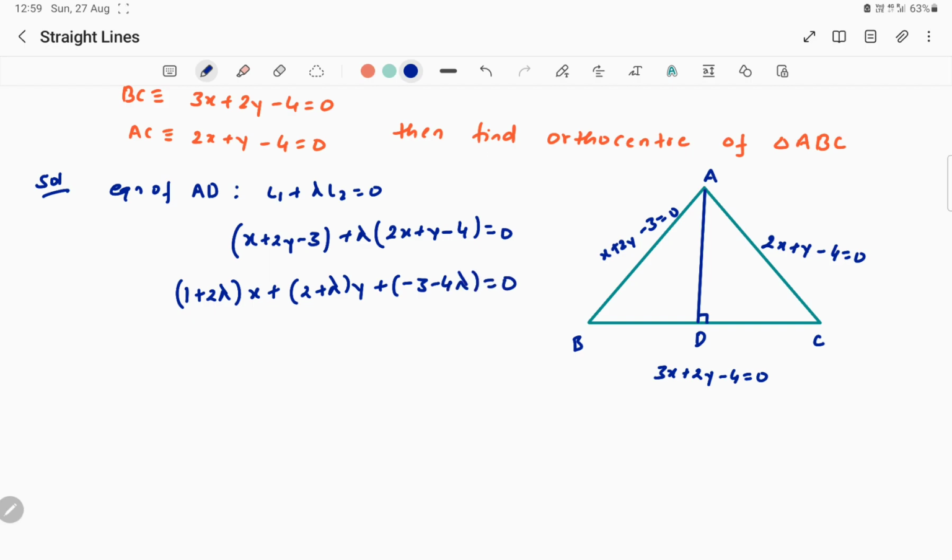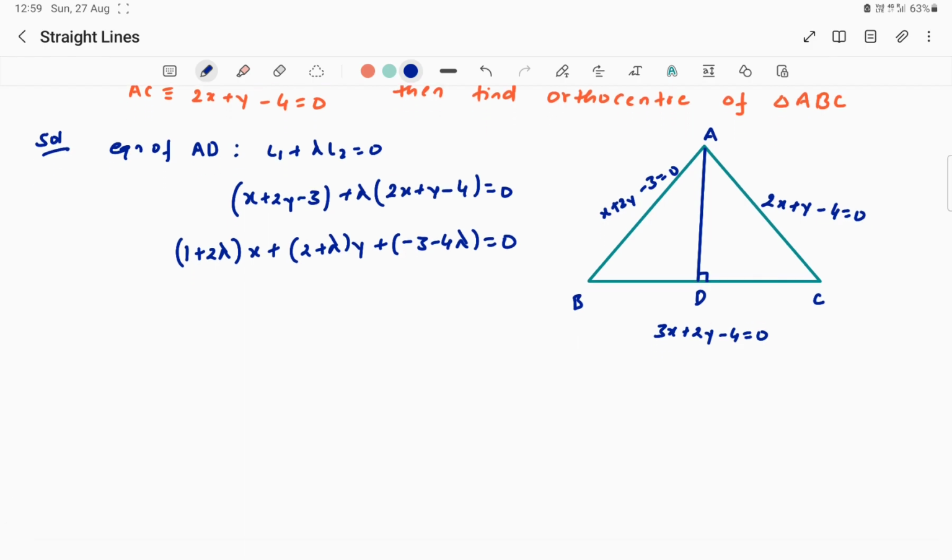Okay, now what is unique about AD? So AD is perpendicular to BC, right? So if I ask you what is the slope of AD, it is minus coefficient of x by coefficient of y, and what is the slope of BC? So the slope of BC is minus 3 by 2.